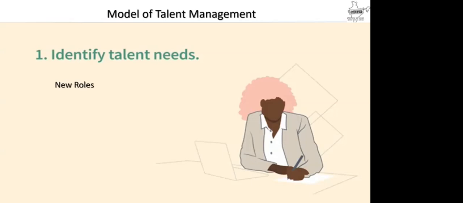For example, in the organization that I work in, one of the new focus areas is how to be omni-channel. Earlier it was mostly connecting with customers through a voice interface, but now more and more clients are saying they need an omni-channel presence.